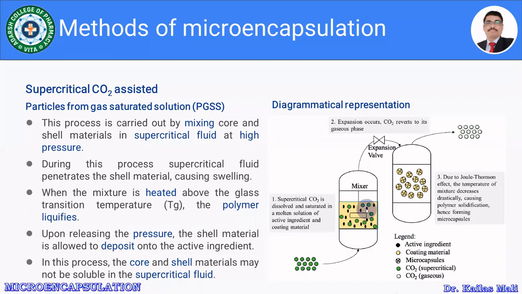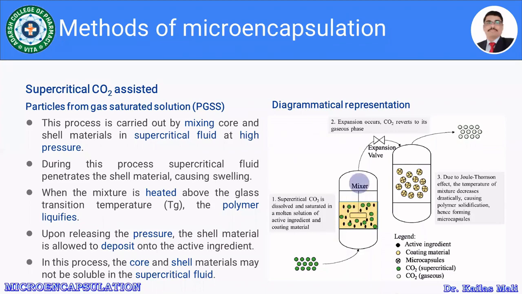So here we are utilizing the polymeric material and the active medicament, mixed at high pressure. During this process, the supercritical fluid penetrates into the shell material and causes swelling, isn't it? When the mixture is heated above the glass transition temperature, the polymer gets liquefied.